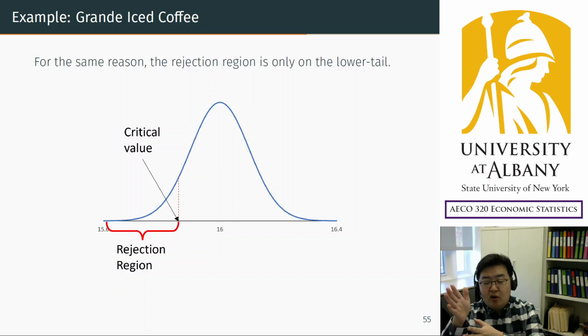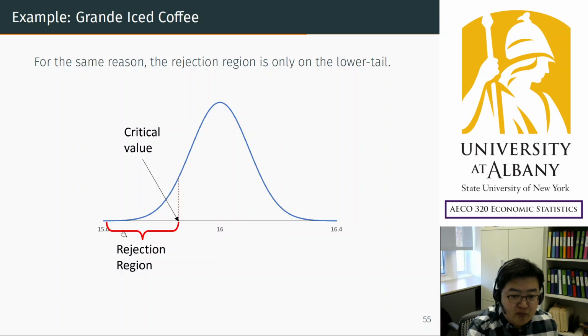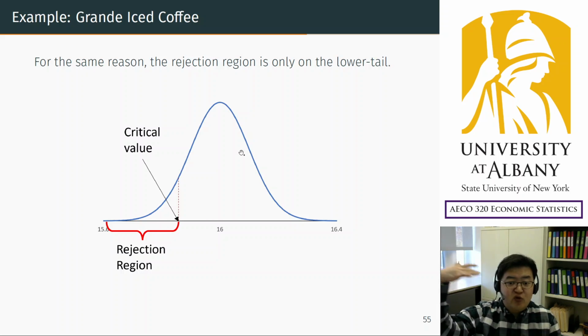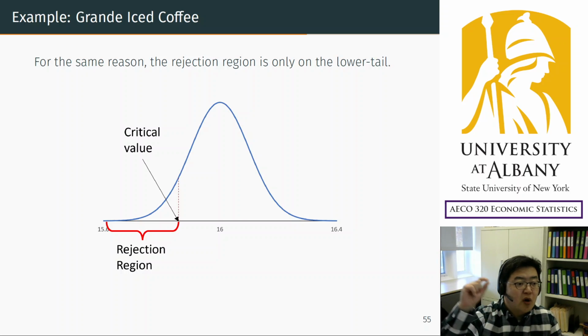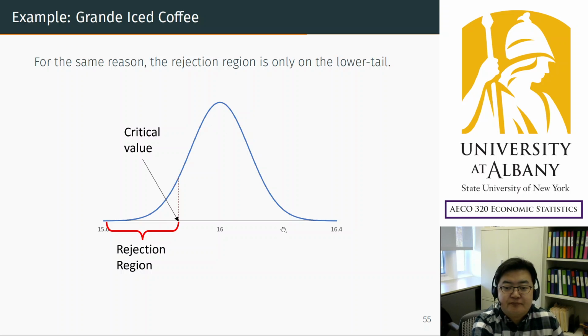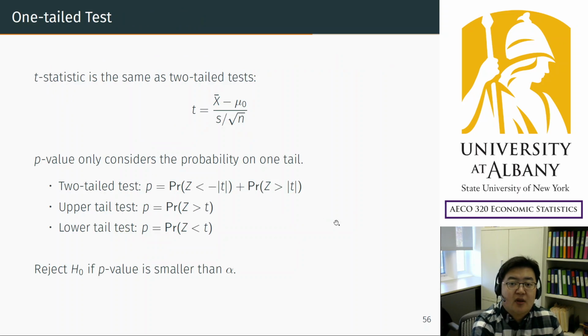We are only concerned about the lower side. So the rejection region is located on the lower tail, and there is only one critical value on the lower side. And of course, if you are doing an upper tail test, the critical value must be on the upside. Of course, that's simple. Okay?